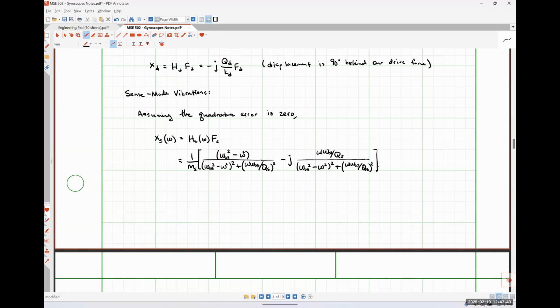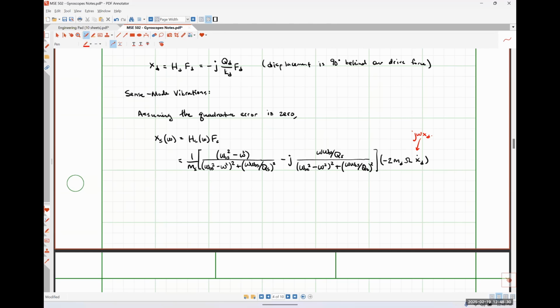And then all of that would be multiplied by our Coriolis force, negative 2 times the mass of our drive mode system, omega, our rotation experienced, times our drive mode velocity. And this drive mode velocity here is just J omega times our drive mode displacement that we talked about above. Okay.